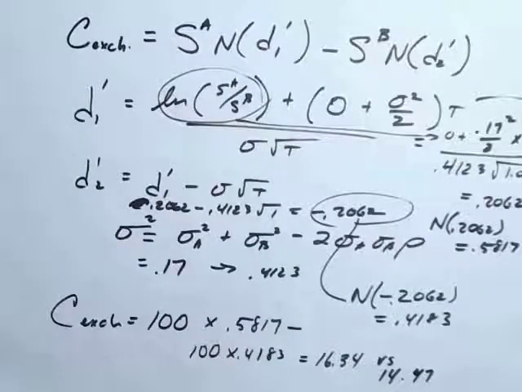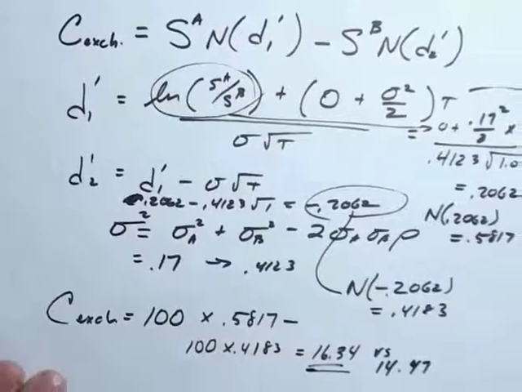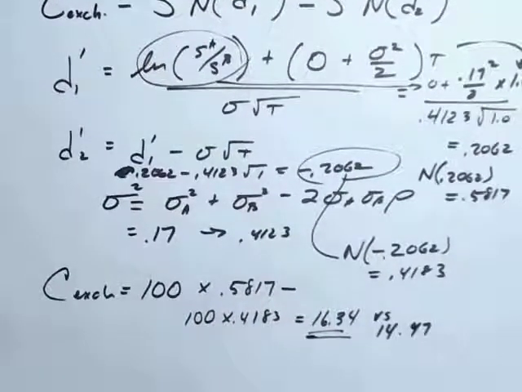So you might want to do 3 or 4 steps with the binomial, a little bit more work. You might want to put it on a spreadsheet to work it all out, but you should come up with a closer number to the actual. So 16.34 would be the actual result.